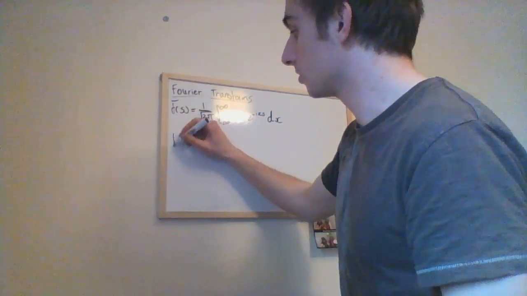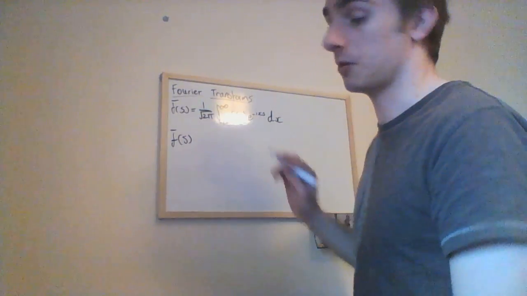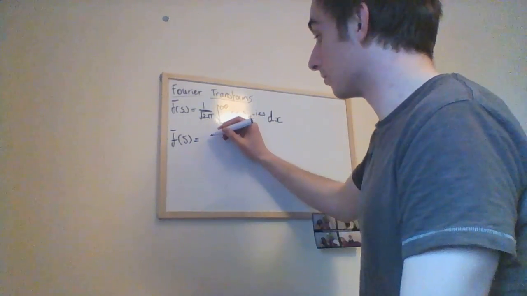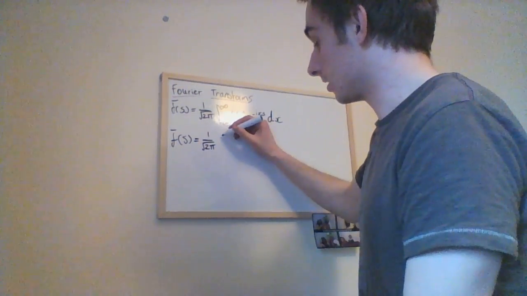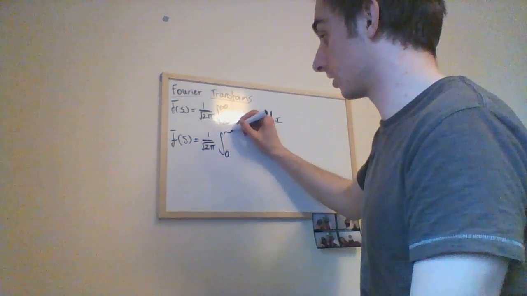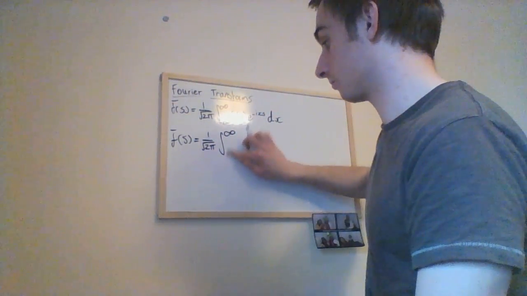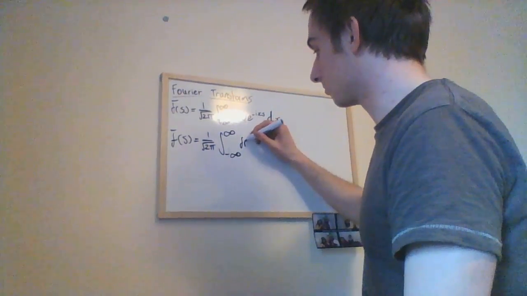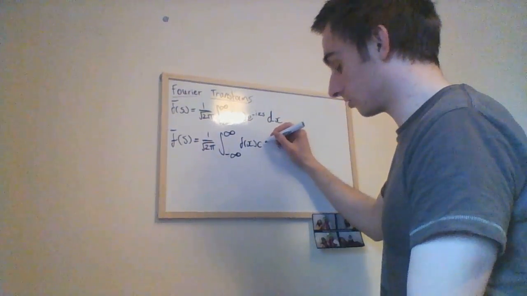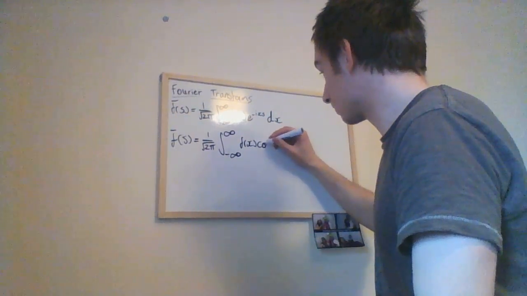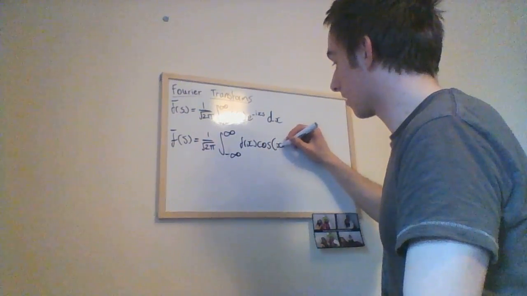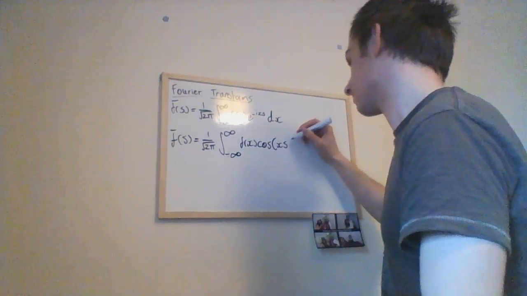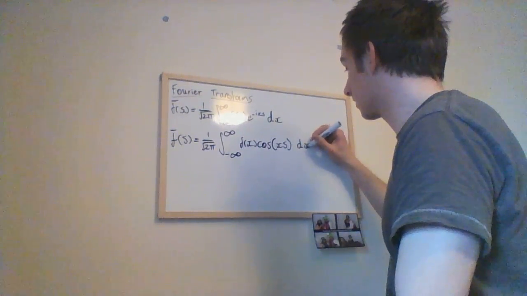Not all the time, just in this case because it's an even function, what we can do is we only put over half the domain now because it's even. It's the same on both sides. So it's all the same: f of x times cos xs dx.